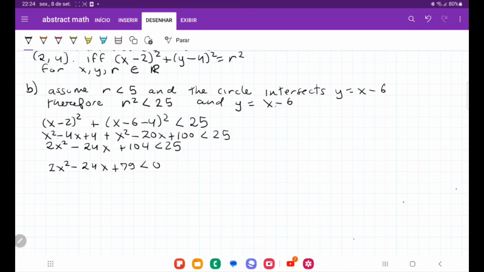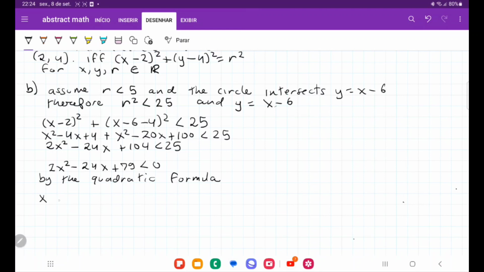So what we're going to do here is use the quadratic formula. By the quadratic formula, you do want to find out what x1 and x2 are.